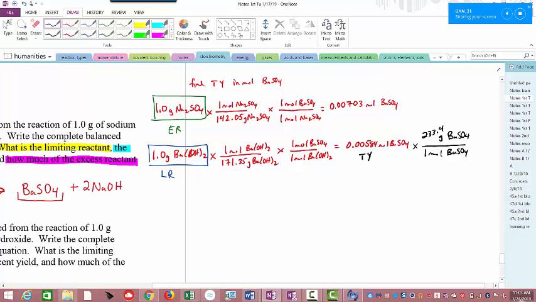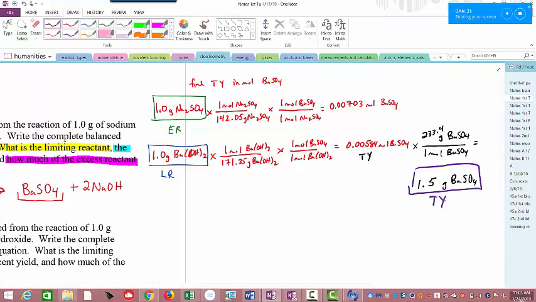Okay, so we get 1.3 something. I got 1.5. 1.5, okay. 1.5 grams of barium sulfate. And that is our theoretical yield.